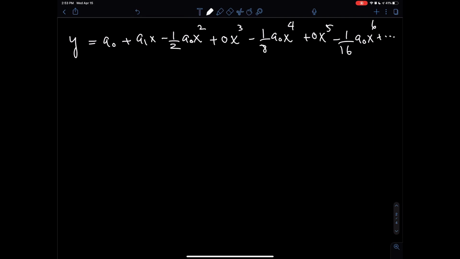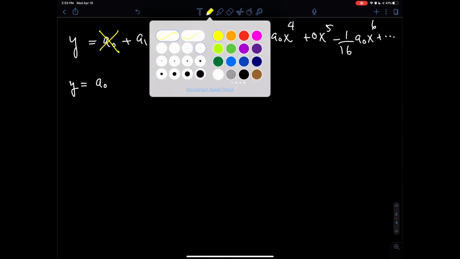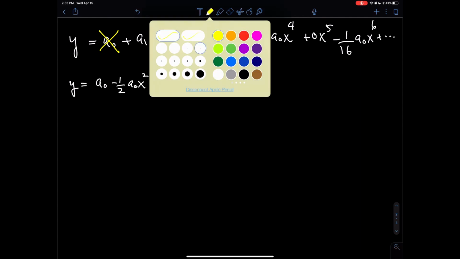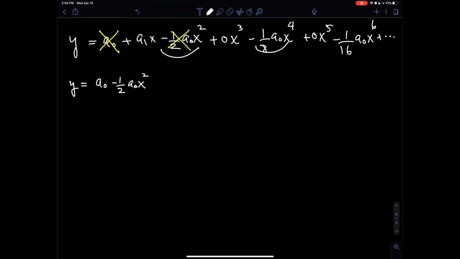So now if you just combine like terms and make it a bit simpler, y is equal to a naught. And then I'm going to write the other a naught terms. So minus 1/2 a naught x squared. My next a naught term is minus 1/8 a naught x to the fourth.